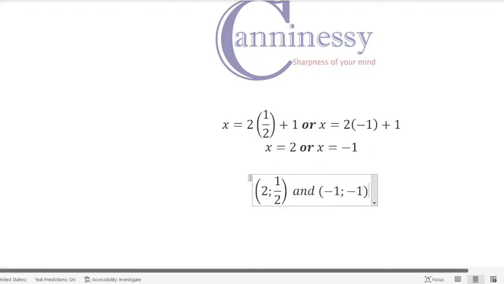So we are putting it in coordinate form because we substituted half to get the value of x, which is 2. So 2 is to half, and negative 1 is to negative 1.